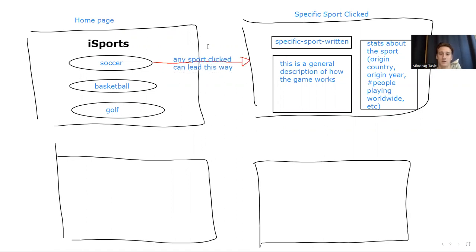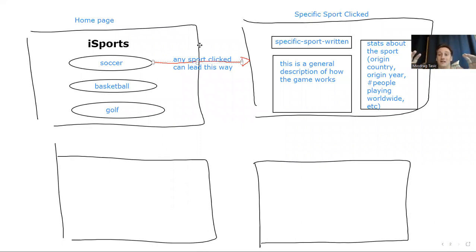Should be decent. Okay, any sport click can lead this way. So that also kind of makes it clear all 3 of them lead there. I want to do that because I want to avoid drawing too many arrows. But honestly, with this symbol design so far, arrows does probably look better. But anyhow, this arrow is the navigation. It shows the navigation. Okay, and that is a requirement for your phase 1 submission.